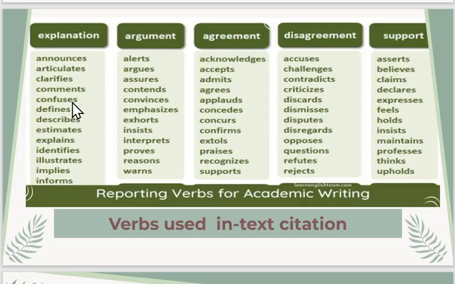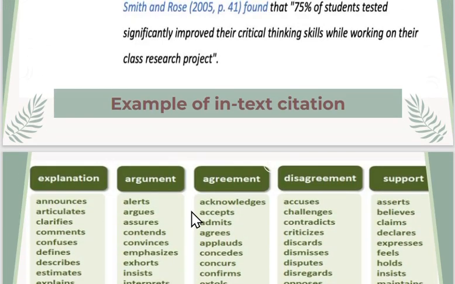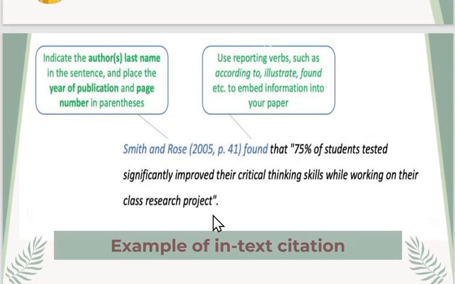So keep in mind that when you use in-text citation, you have to mention first the last name of the author if you have one author, or the last names of two authors if you have two, then the year and the page number. After that, you have to use a reporting verb. Which verb you use usually depends on the information that you present.